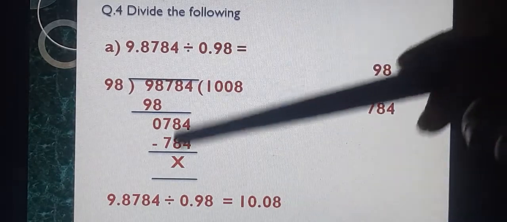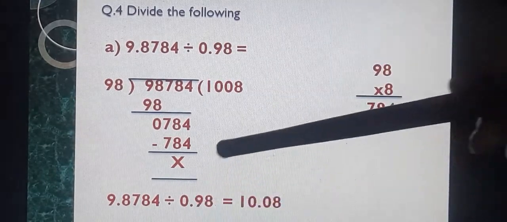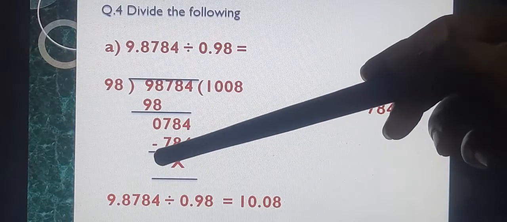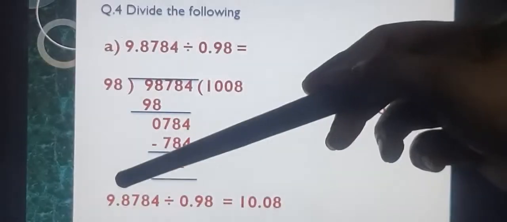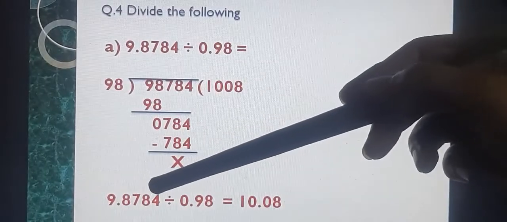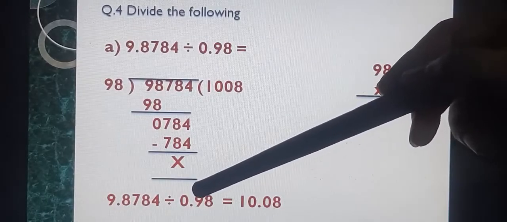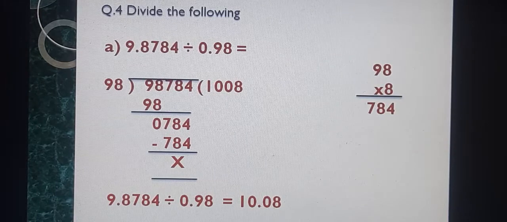Now we will write down the question again. In question we have decimals. So see in our dividend. Now you have to listen to me very carefully. After decimal, 1, 2, 3, 4 digits are there in dividend, and in divisor 1 and 2, 2 digits are there in divisor.